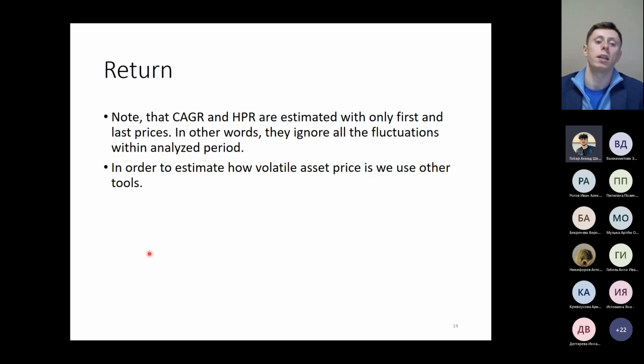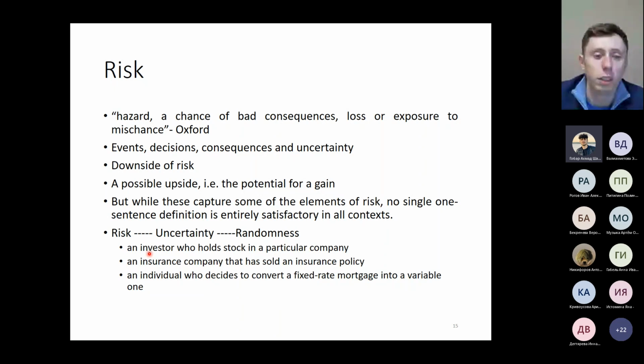And this is estimated by a group of estimators, risk estimators. So the situation that results might not be positive, they might also be negative, the concept that deals with this problem is the concept of risk. And this is the concept that we are about to discuss with you. Risk is a hazard, a chance of bad consequences, loss or exposure to mischance. This is a definition from the Oxford Dictionary.